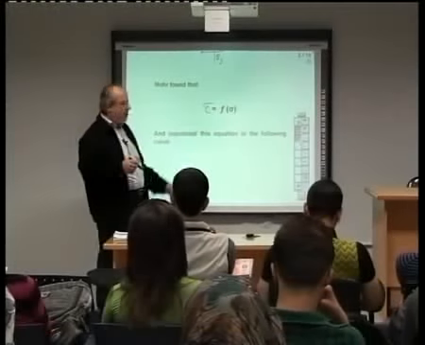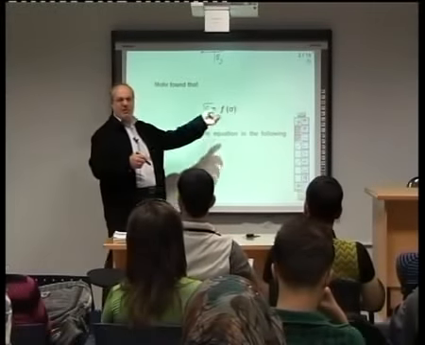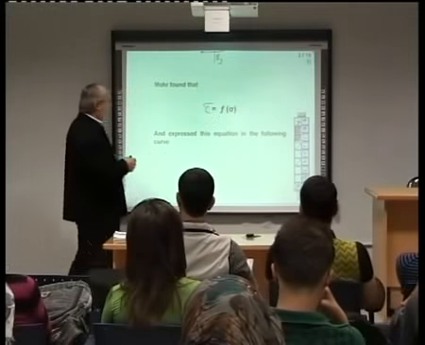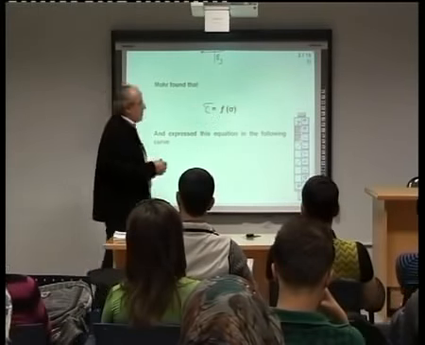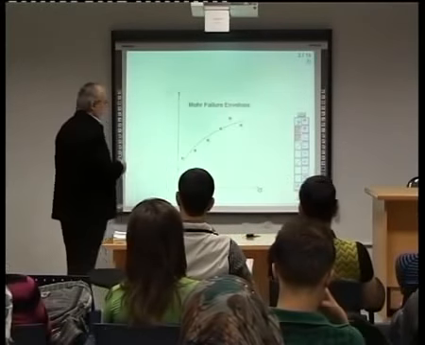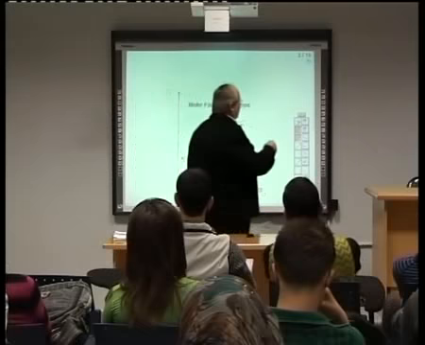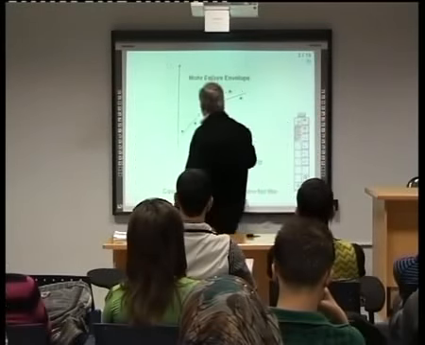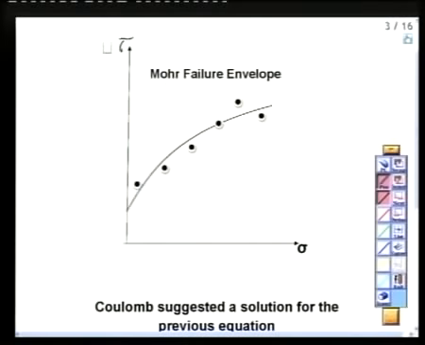Shear stress tau is a function of normal stress sigma, and he expressed this in the following curve. So this is sigma and this is tau. Shear stress, normal stress.